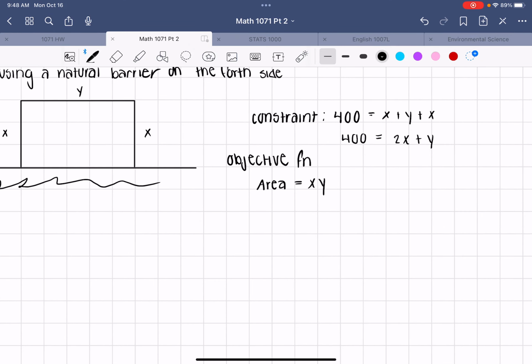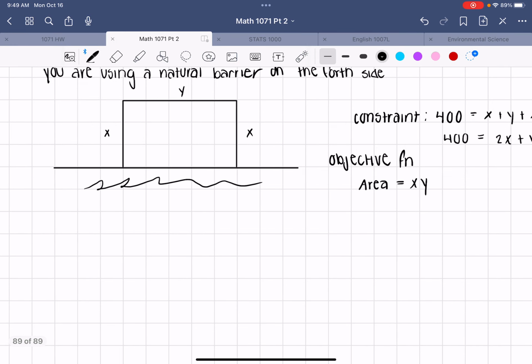Now, do you see that here I have 2 variables? I have expressed my constraint and objective function using 2 variables.